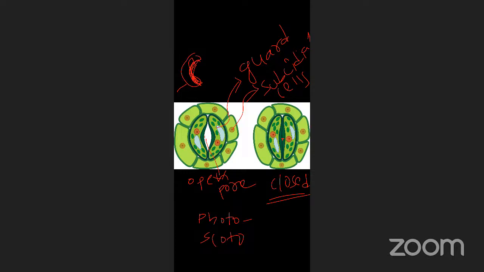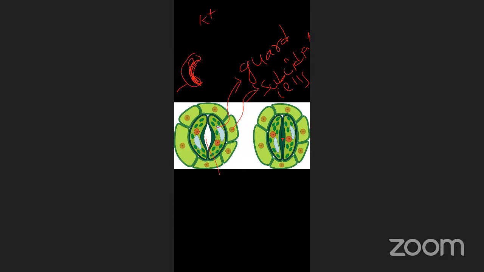K plus pump theory was proposed by Levitt in 1974 to explain the mechanism of opening and closing in photoactive stomata.